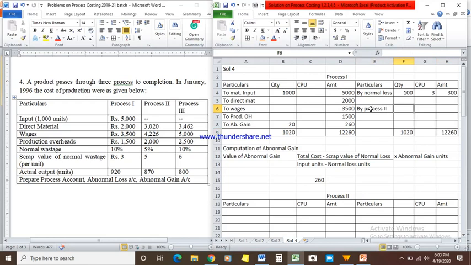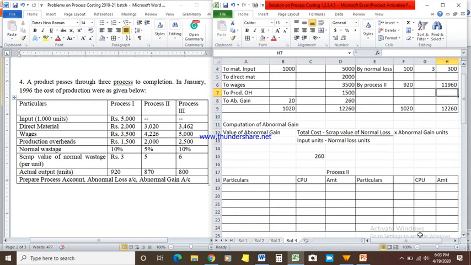So by process 2 we get 920, that is 1020 minus 100 is 920. So 12,260 minus 300 is 11,960. Per unit, if you want, you can write it or you can leave it, it doesn't matter. Next, to process 1 account. So this is brought down, carried on.